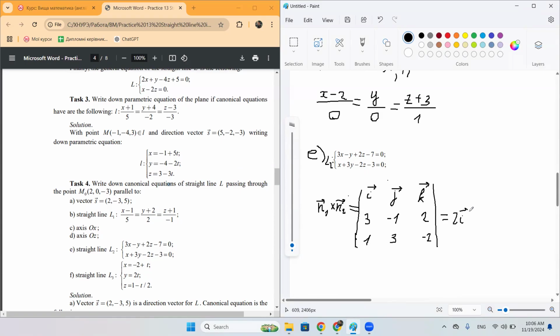To i, plus to j, plus 9k, plus k, plus 6j, and minus 6i.